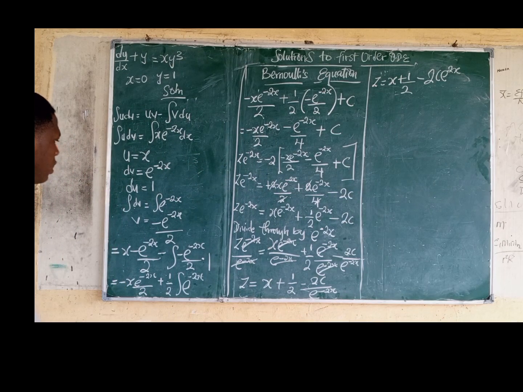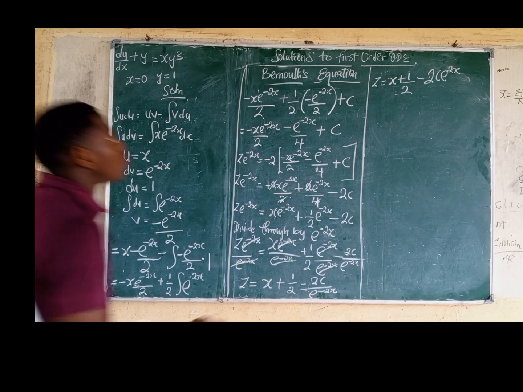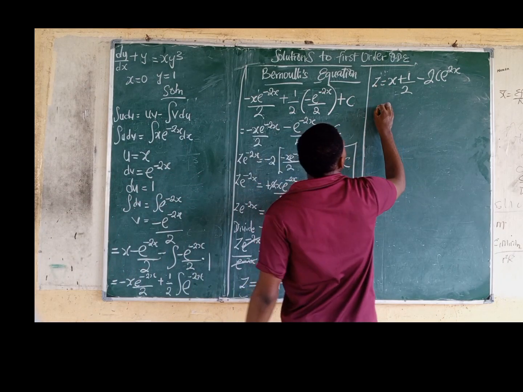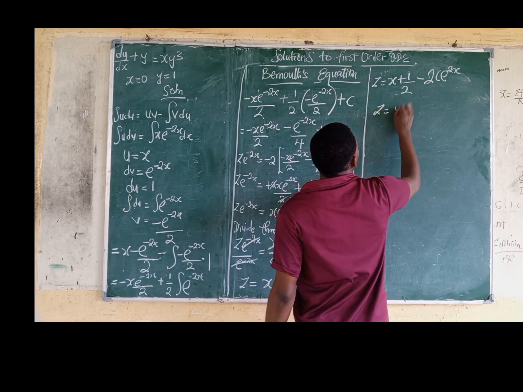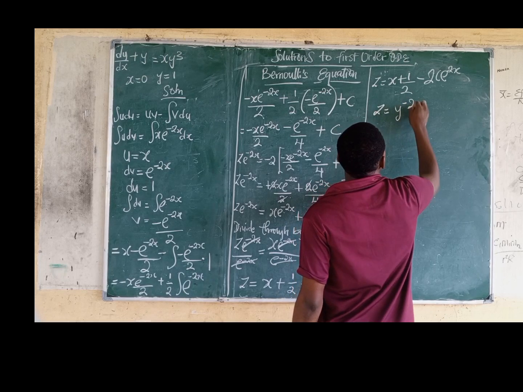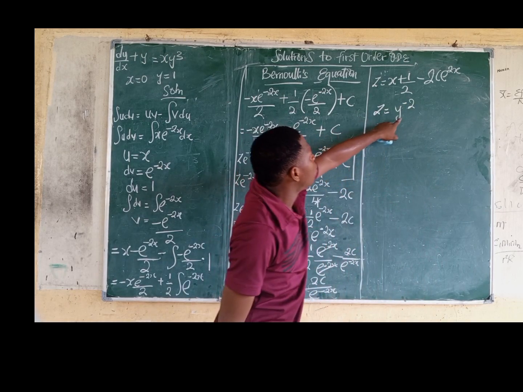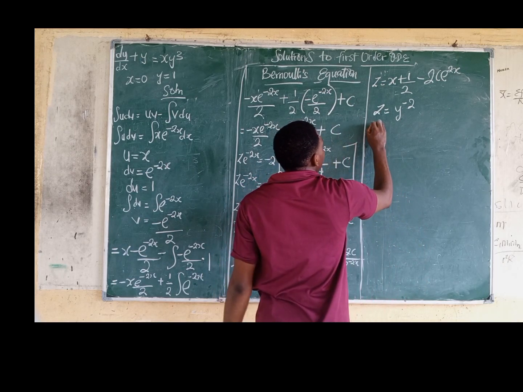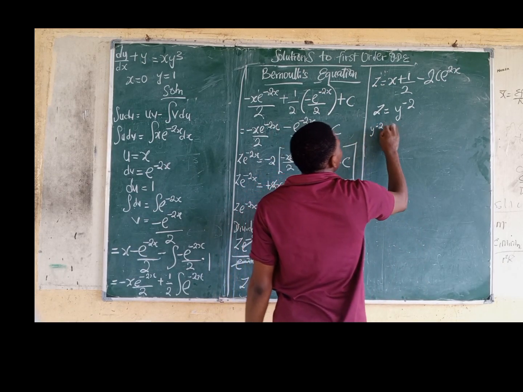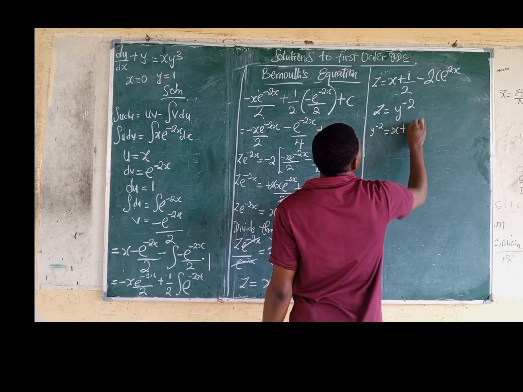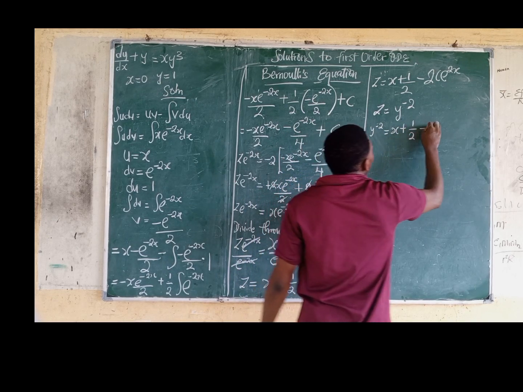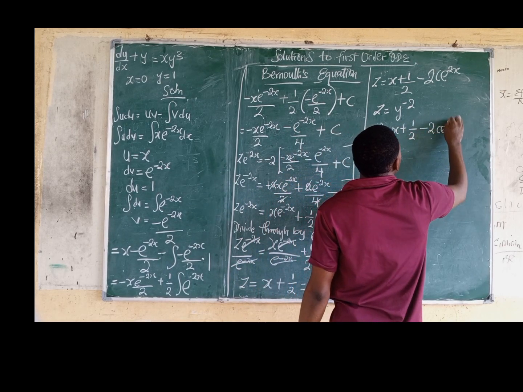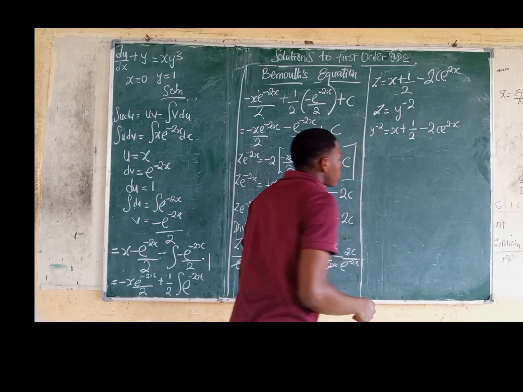Now, what is the next thing? We know that we called z to be z is equal to y raised to the power of minus 2. So we can substitute minus 2 into this equation. If you do that, you'll be left with y minus 2 is equal to x plus 1 over 2 minus 2c exponential 2x.